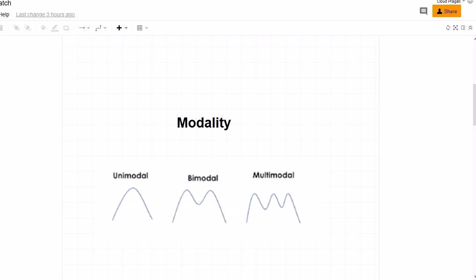Now let's proceed further and discuss another concept called skewness. But prior to that, I just wanted to tell you that in this part of the course I am focusing on the core concepts of data analysis, so that you are aware of the terms used while doing data analysis.